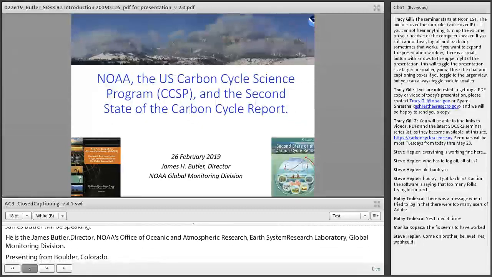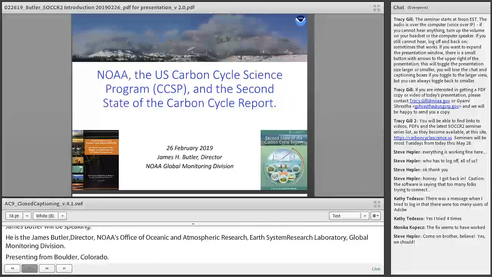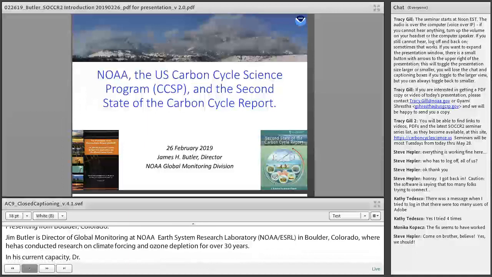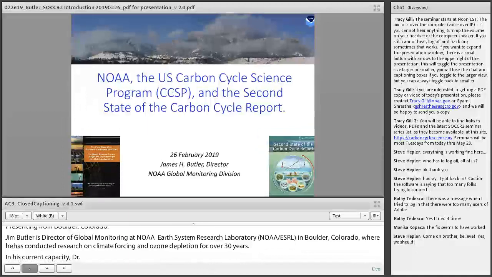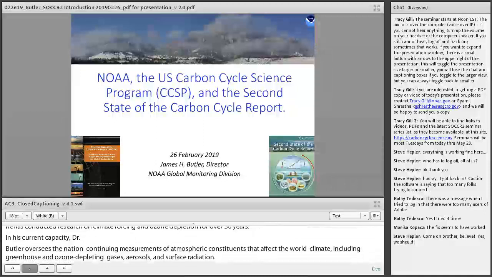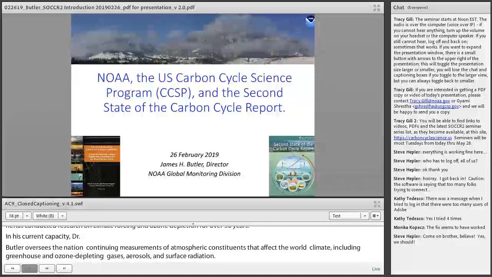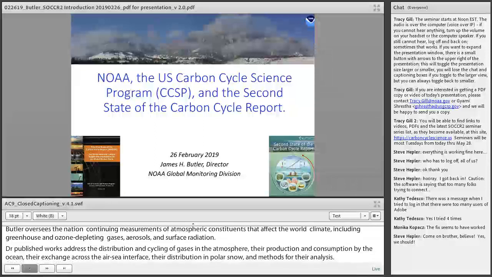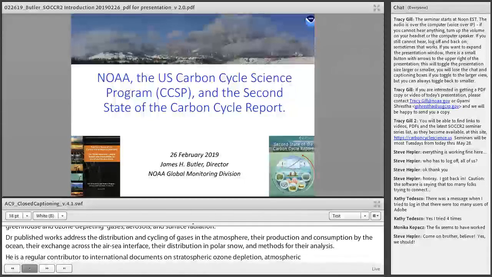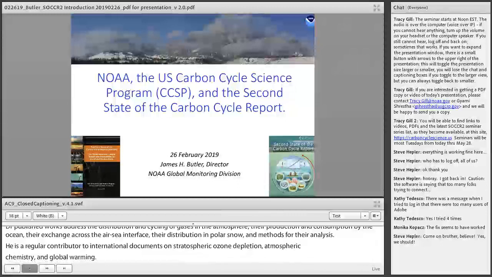In his current capacity, Dr. Butler oversees the nation's continuing measurements of atmospheric constituents that affect the world's climate, including greenhouse and ozone-depleting gases, aerosols, and surface radiation. Dr. Butler's published works address the distribution and cycling of gases in the atmosphere, their production and consumption by the ocean, their exchange across the air-sea interface, their distribution in polar snow, and methods for their analysis. Jim is a regular contributor to international documents on stratospheric ozone depletion, atmospheric chemistry, and global warming.